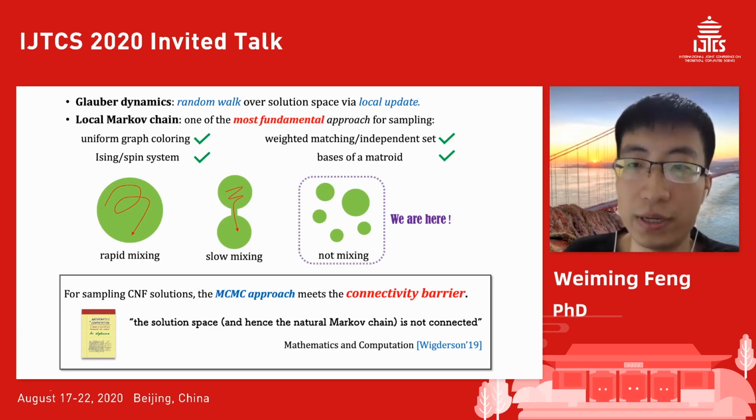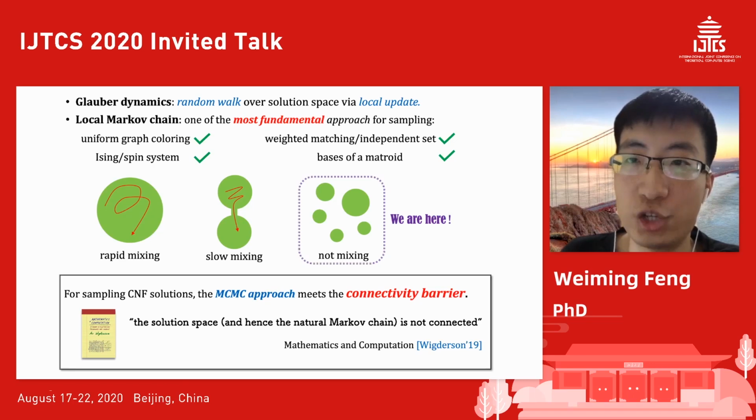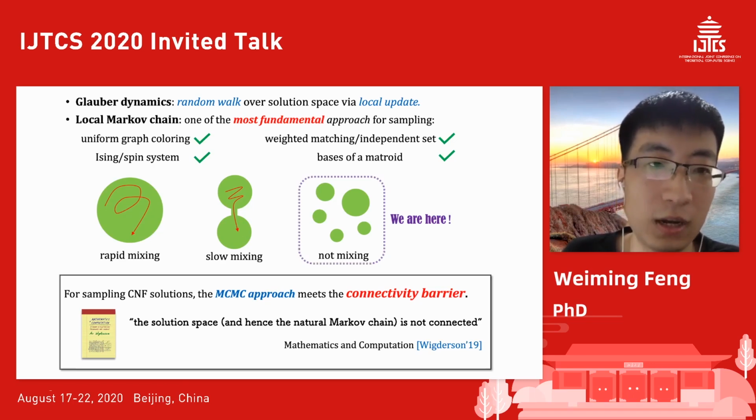The crucial point for this approach is how well the solution space is connected. If the solution space is well connected, the chain will converge rapidly. If the solution space is not well connected, the chain will converge slowly. But for CNF problems, the solution space can be disconnected, which means starting from some initial solution, it is impossible to reach the solutions in other components.